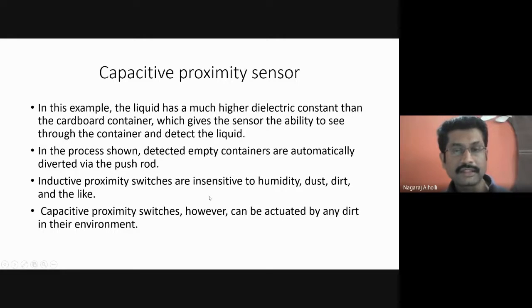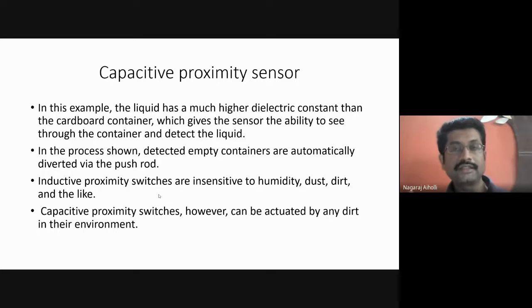Inductive proximity switches are insensitive to humidity, dust, dirt, and other such materials. One important difference between the inductive proximity sensor and the capacitive proximity sensor is that the inductive sensor is insensitive to dust, dirt, and moisture, whereas the capacitive proximity sensor is sensitive to dirt in the environment.